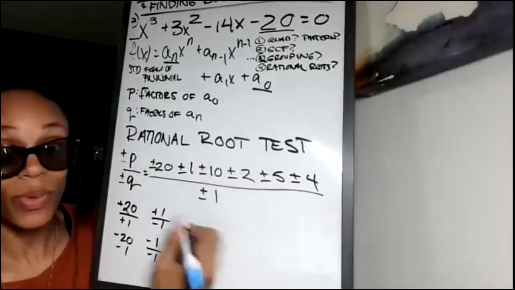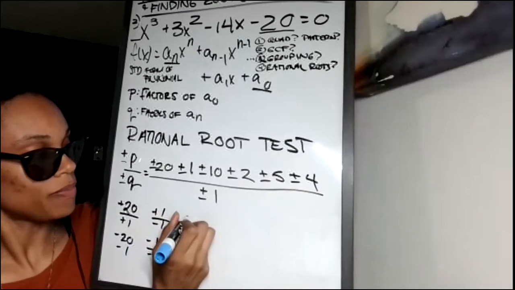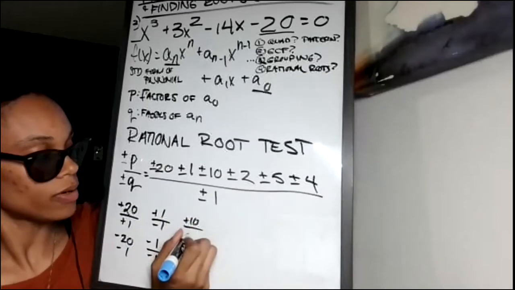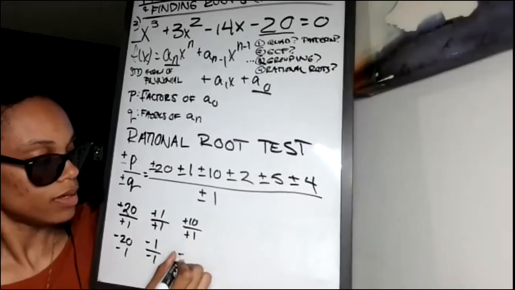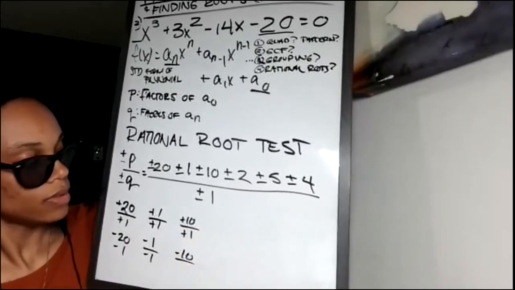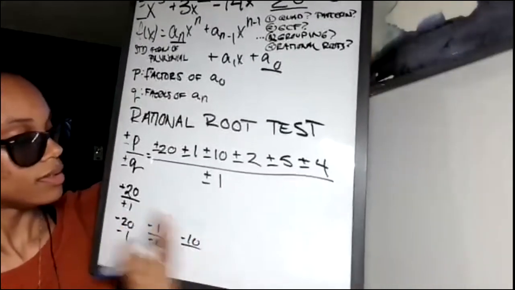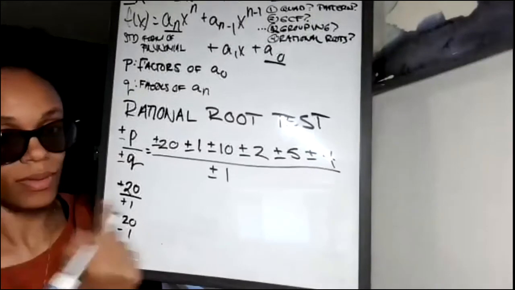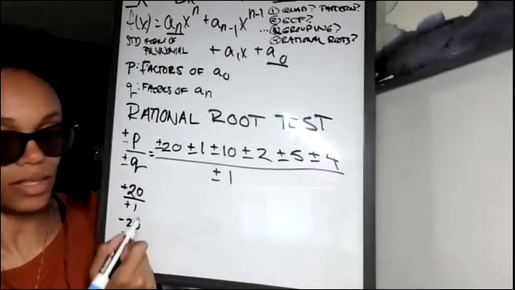Well, we go through each one. These are all the possible roots. We have positive 10 over positive 1. Negative 10 over, am I missing something? Hold on. Let me rewind. So positive 20 over positive 1, negative 20 over negative 1. These are the same.